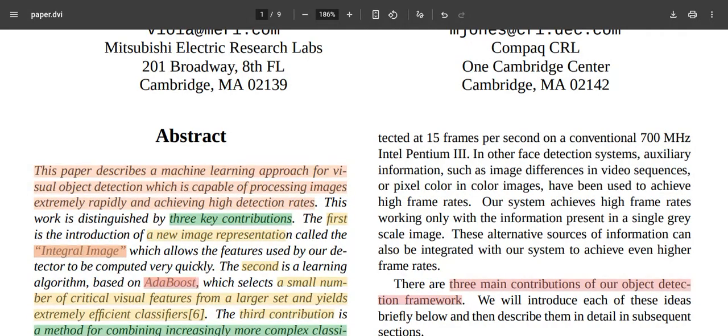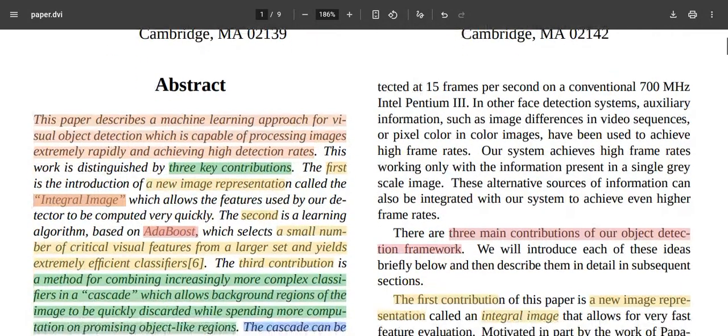They have three contributions. The first contribution is representing the image in a new format called the integral image. The second is that once the integral image is represented, it extracts certain features using Haar-like features, and those features are selected by AdaBoost. The AdaBoost classifier has two roles: selecting the critical features and building efficient classifiers.